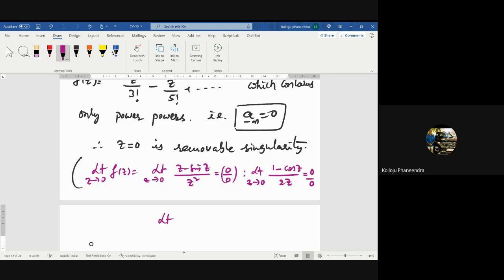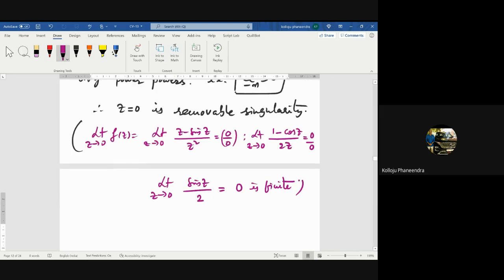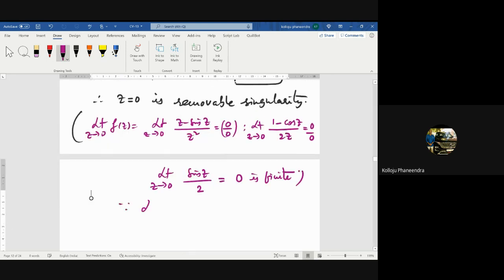So again L'Hospital's rule, and I am getting sin z/2. Is it correct? Right. So at 0 it is finite. Okay, therefore, since the limit of f(z) as z tends to 0 equals a finite value, z equal to 0 is a removable singularity.